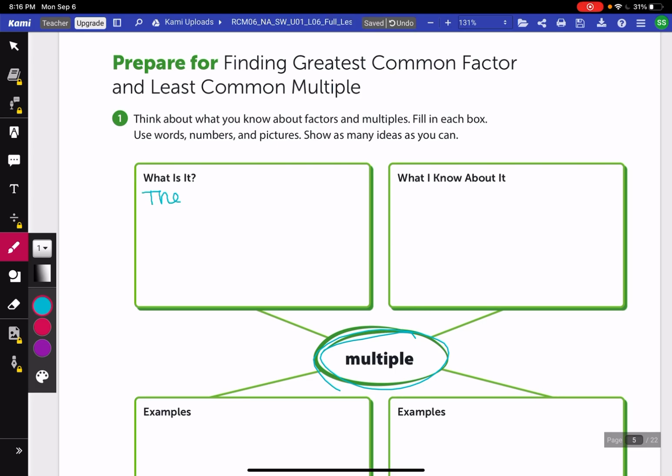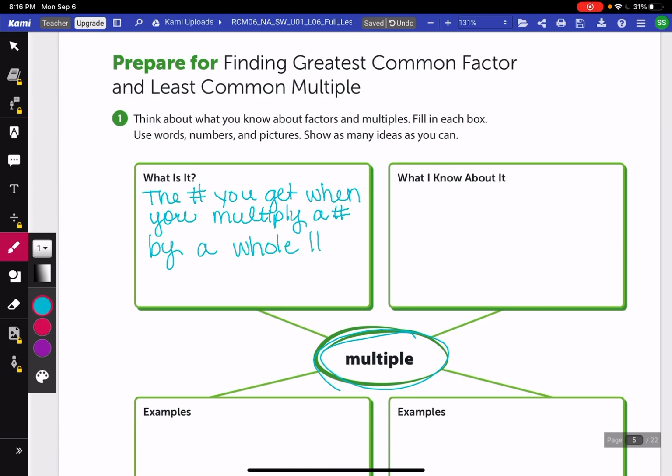It's the number you get when you multiply a number by a whole number.